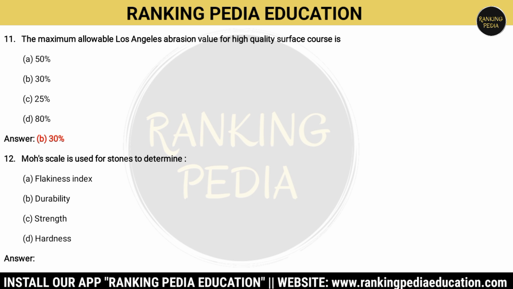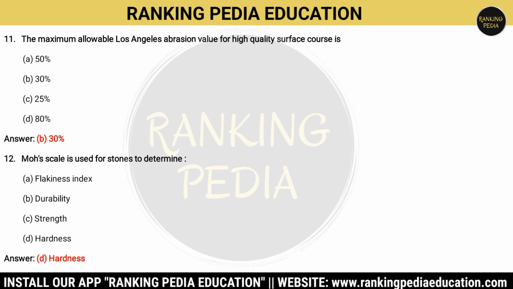Mohs scale is used for stone to determine what? Options are flakiness index, durability, strength, or hardness. So Mohs hardness is a rough measure of the resistance of a smooth surface to scratching or abrasion. So Mohs scale is used for stones to determine the hardness.